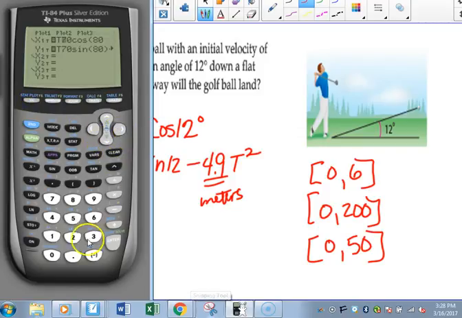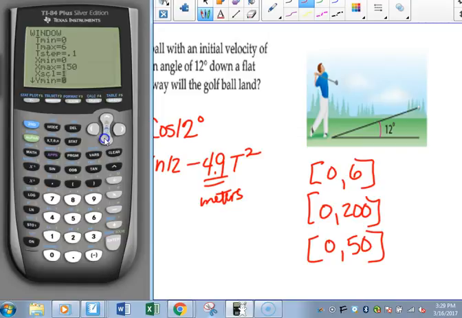What was it? 50? 56 and 12? Oh, I didn't change my window. 150 is really good.